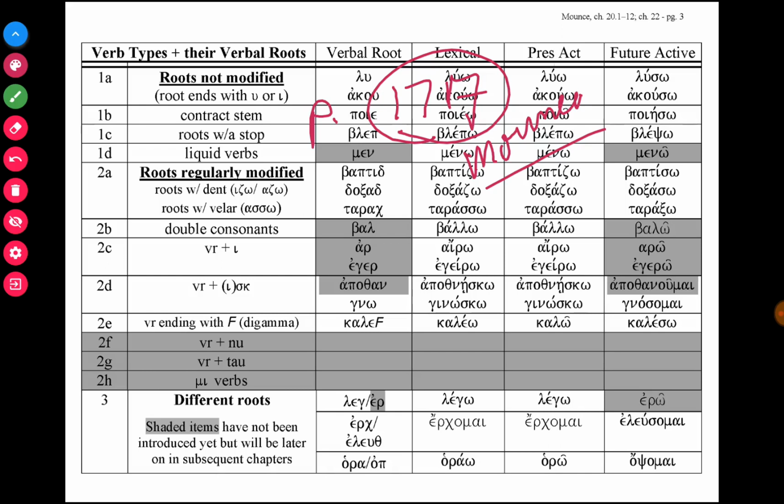So Mounts puts it all on one page. Then from chapter 20 onward, whenever you learn new vocabulary, for example, in our next module, where we'll cover chapter 22, you'll have to look at the vocabulary list. You have to see if the verbal root's the same, and if it's different, you want to memorize the verbal root along with the lexical form for your vocabulary.